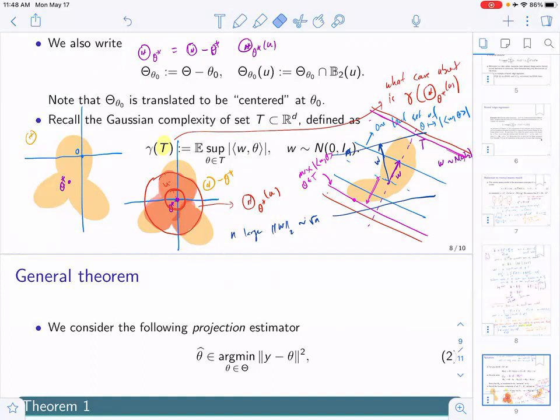But with the Gaussian it's simpler because you don't divide by that norm, and it effectively behaves like a constant norm vector. So W in high dimensions is effectively a direction. And so you're going to measure the width of the set in these random directions, and the Gaussian complexity or the Gaussian width would be the average width.